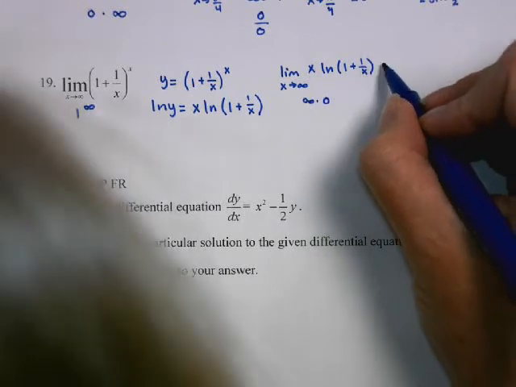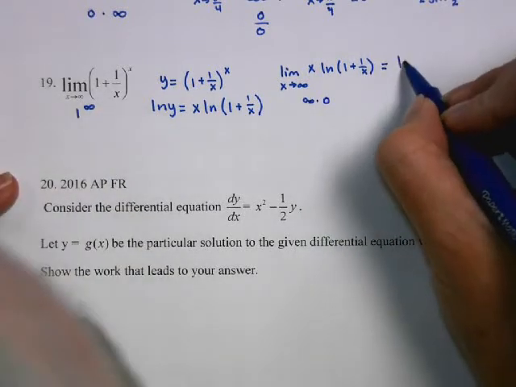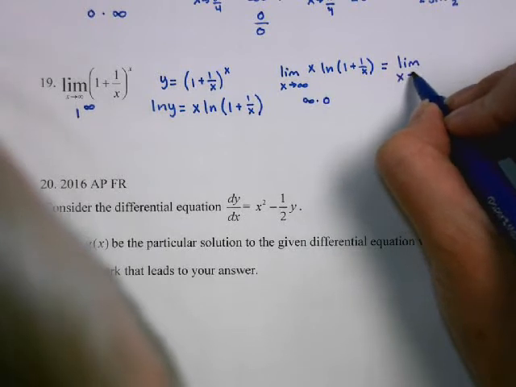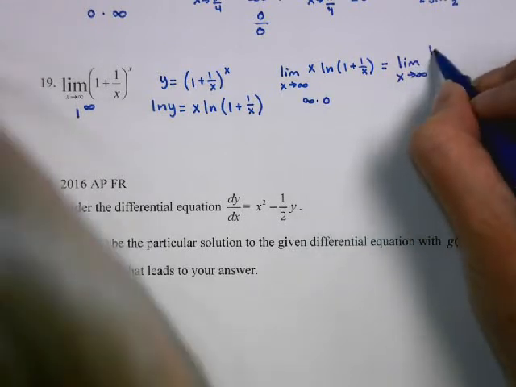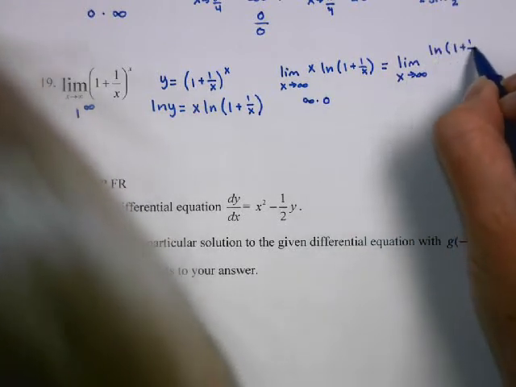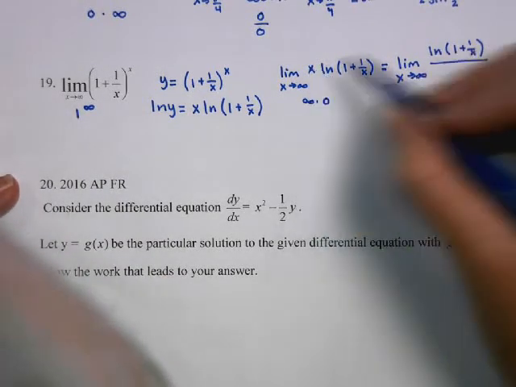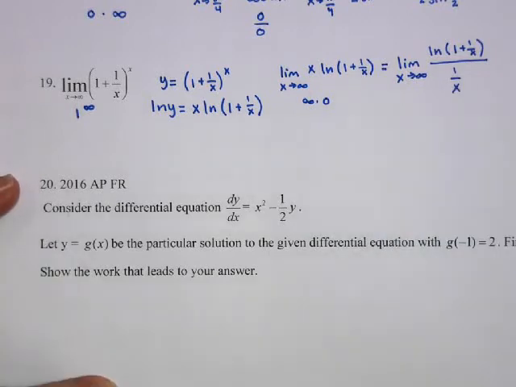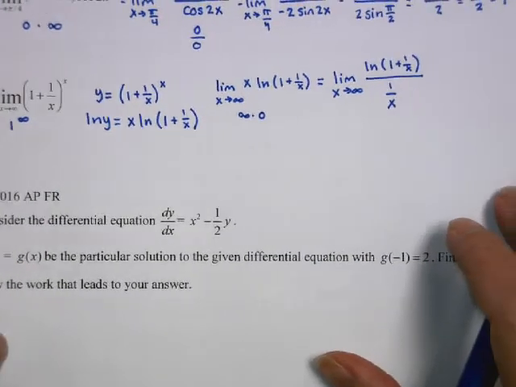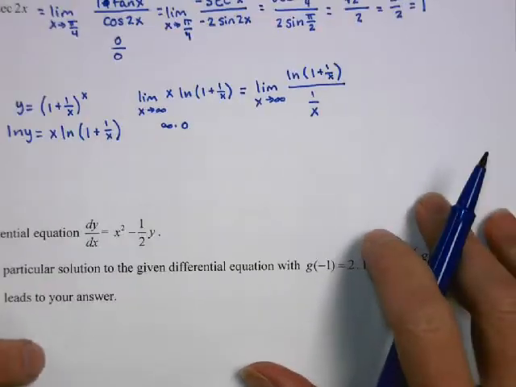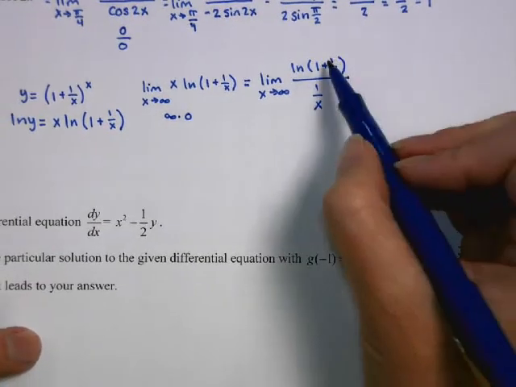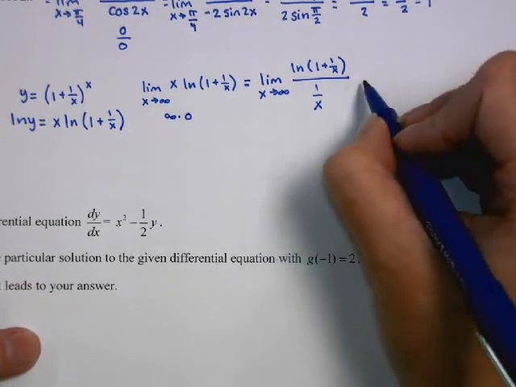I'm going to rewrite this again using a reciprocal. So we'll keep the natural log of 1 plus 1 over x, and then in the denominator, instead of x, I'm going to have 1 over x. All right, then we're going to take the derivative of the top and the bottom, because now I have 0 over 0.